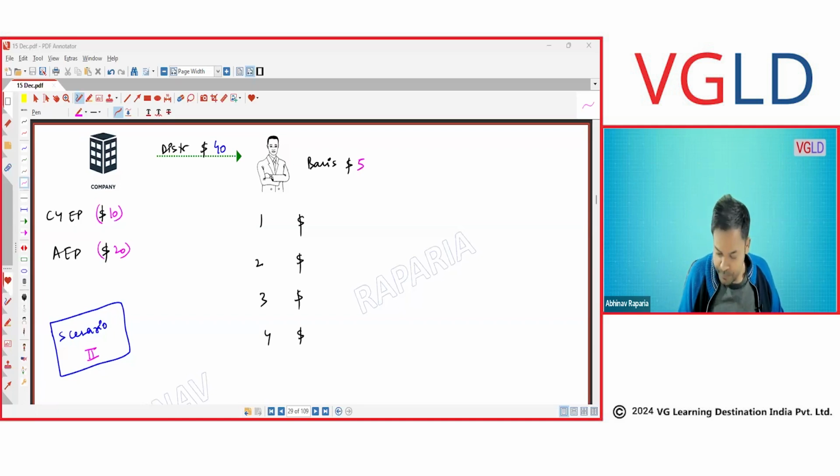What's your answer? Correct. It's 0. I cannot make it negative. So 0, 0, 5, 35. Absolutely correct. I hope it is okay.